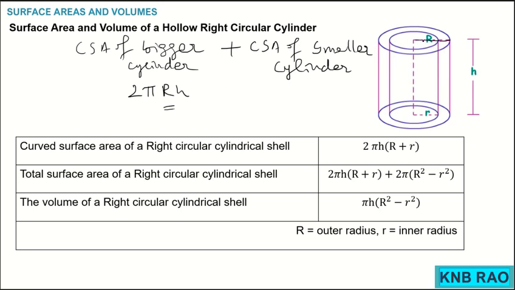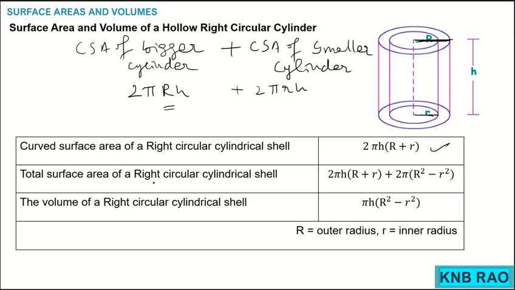Capital R is the radius of the bigger cylinder, or external radius. And what is small r? Small r is the radius of the inside hollow cylinder, or we say radius of the smaller cylinder. So 2 pi small r h. When we take 2 pi h common, it gives you 2 pi h of capital R plus small r.